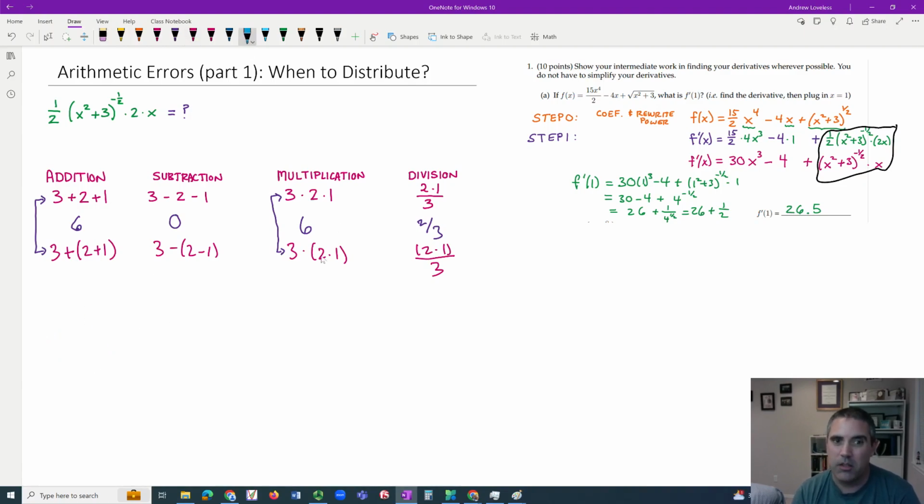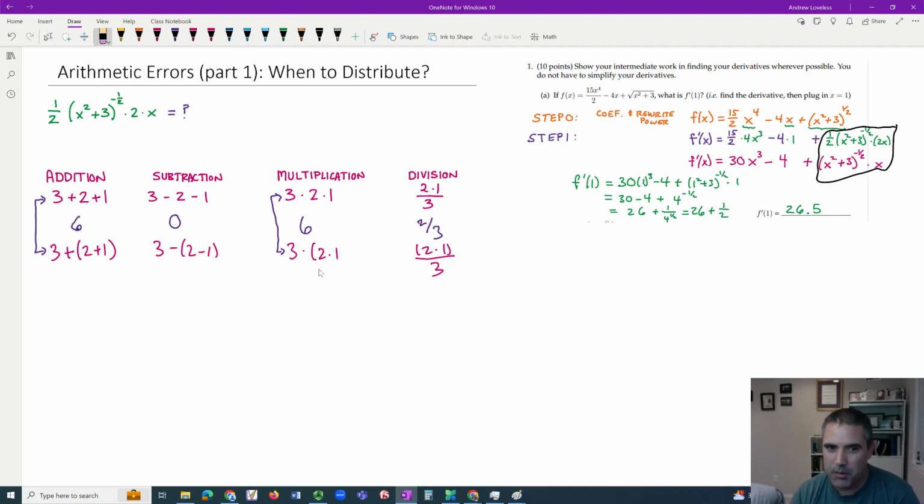This is the one that I see all the time. I see this distribution of 3 times 2 and 3 times 1. So I'll see a student do 3 times 2 and 3 times 1. And they'll say 3 times 2 times 1 is, what would that be? 18. That's not right.